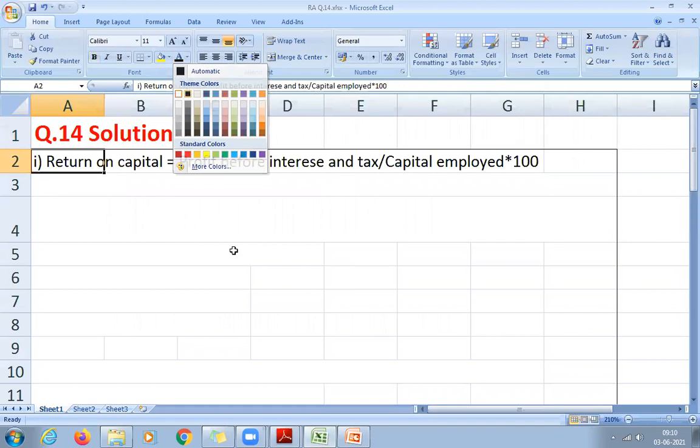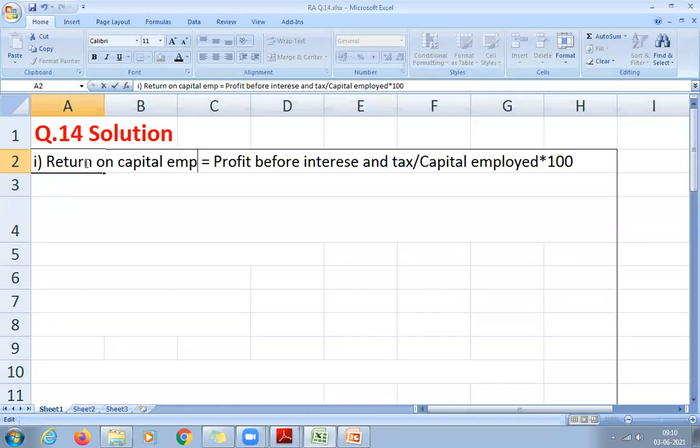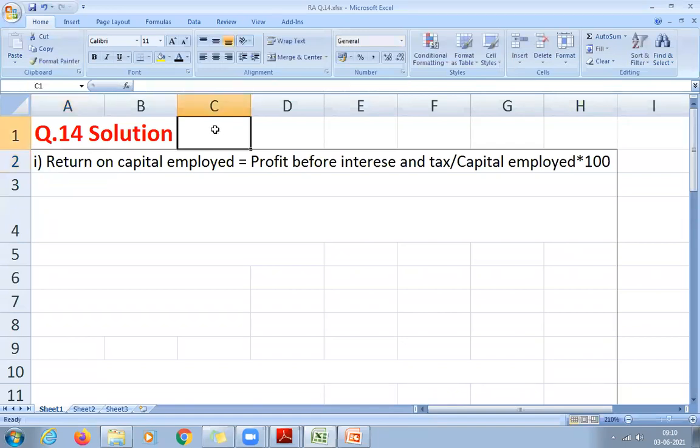So let me write the same formula here. Return on capital employed is equal to profit before interest and tax divided by capital employed, into 100.